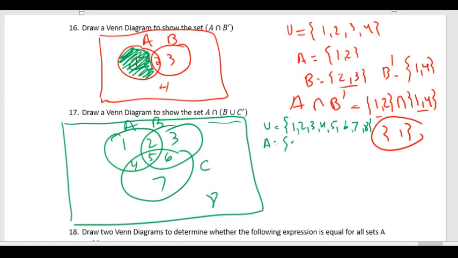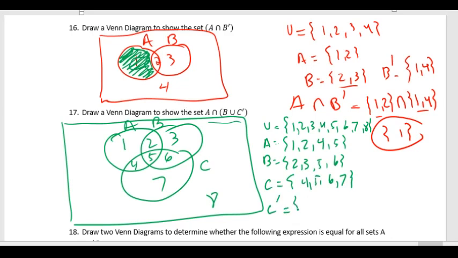A is 1, 2, 4, and 5. B is 2, 3, 5, 6. C is 4, 5, 6, and 7. And we're going to be using C complement, so that's 1, 2, 3, and 8.